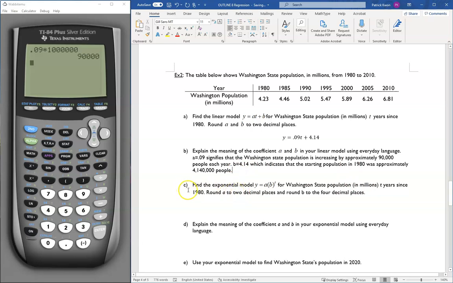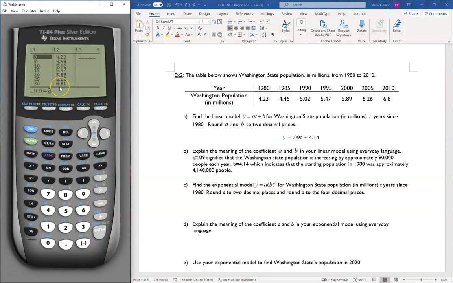Awesome. Part C says find the exponential model y equals a times b to the power of t for Washington state population in millions, t years since 1980, round A to 2 decimal places and round B to 4 decimal places. So I'm just going to clear that, go to stat, just make sure our table hasn't changed, and it has not.